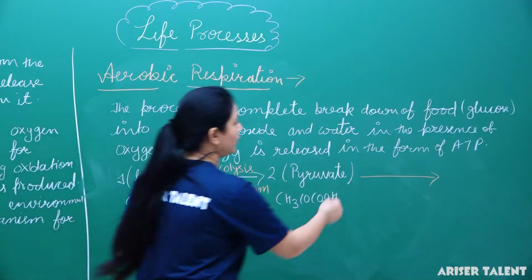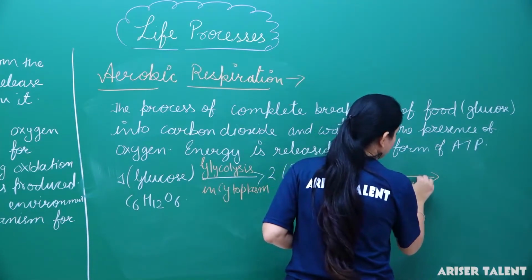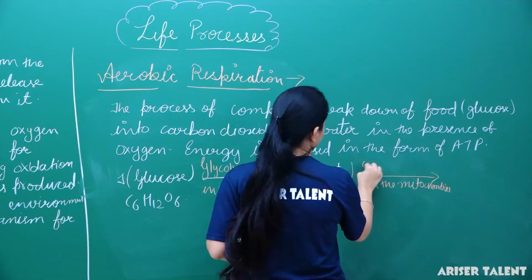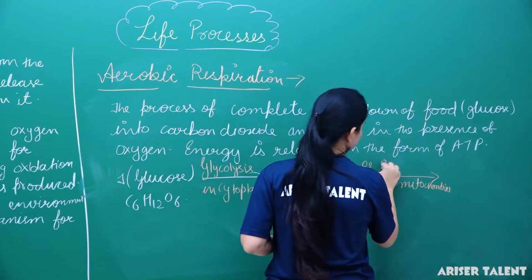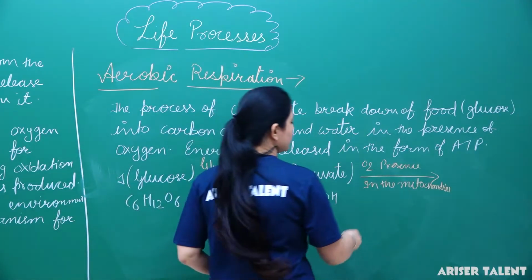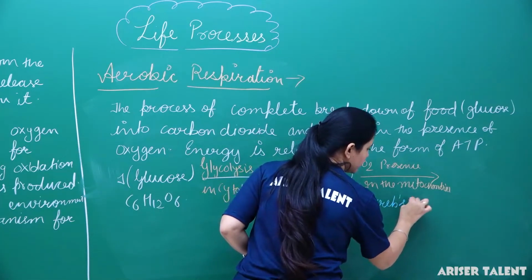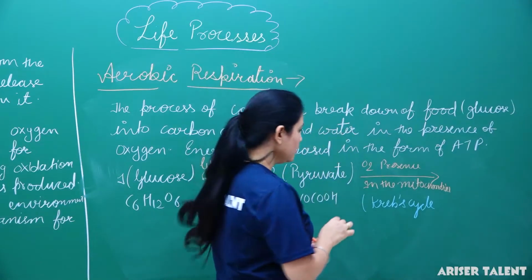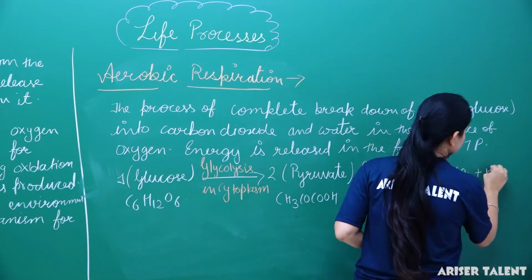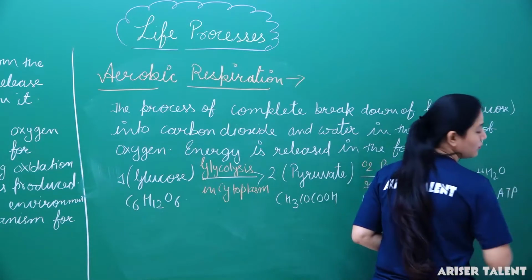This process takes place in the mitochondria, in the presence of oxygen, and is also known as the Krebs cycle. Clear? So the result of this process is that carbon dioxide and energy are released.